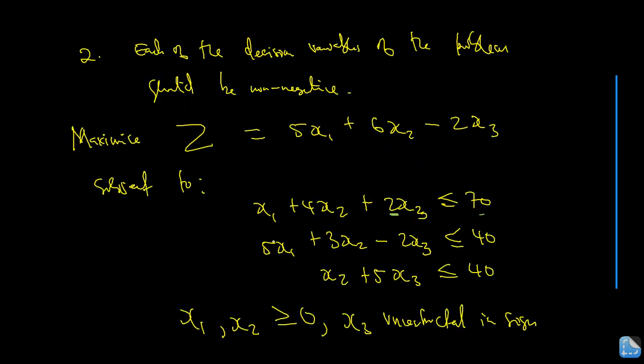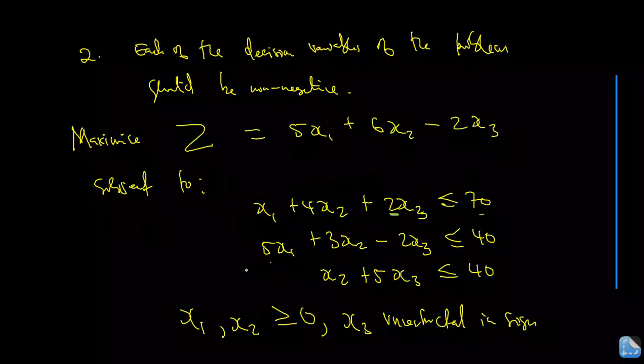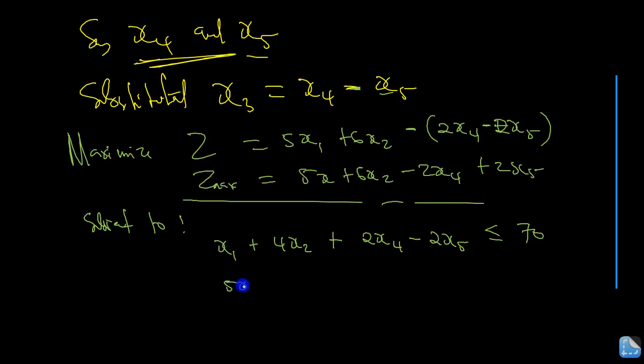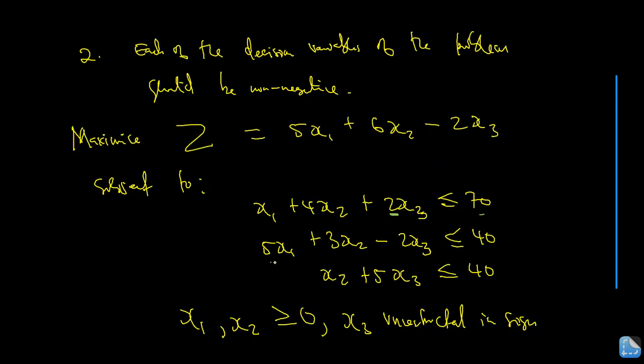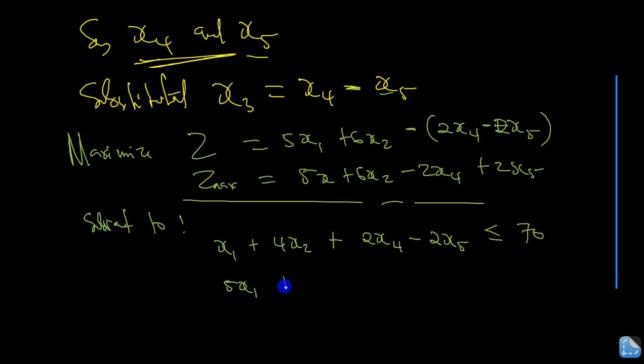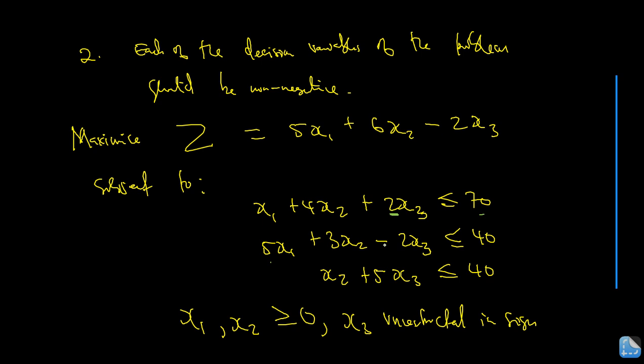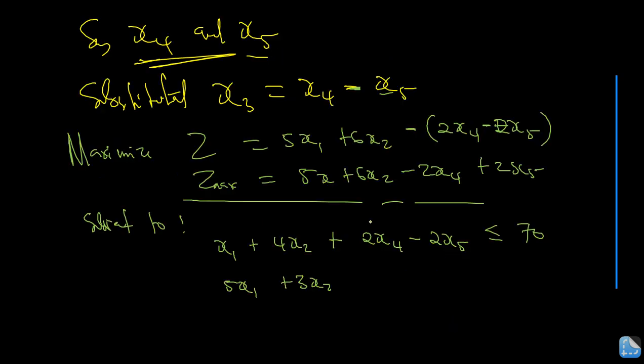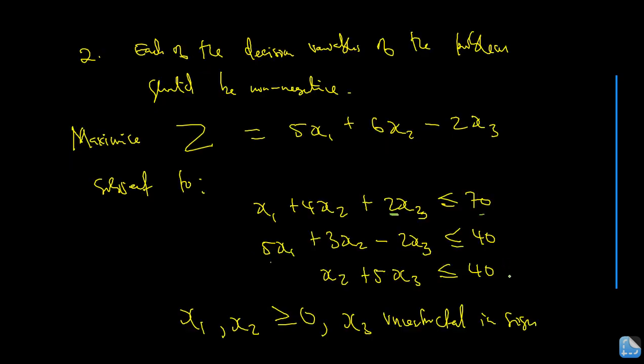We go to the second constraint, which is 5x1 plus 3x2 minus 2x4, and then plus 2x5 is less than or equal to 40.